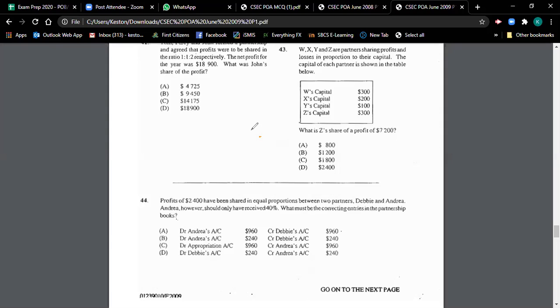So usually if you get a salary in the current account, you're going to credit the current account in order to increase it. It's like a capital account. So we need to take out of Andrea's account. So to take out of Andrea's account, we should be doing what? Debiting Andrea and crediting Debbie. So the answer is B.